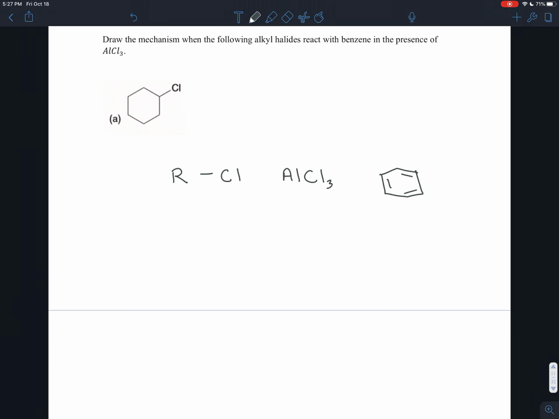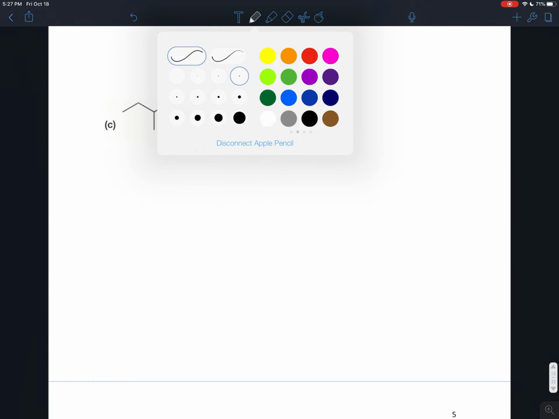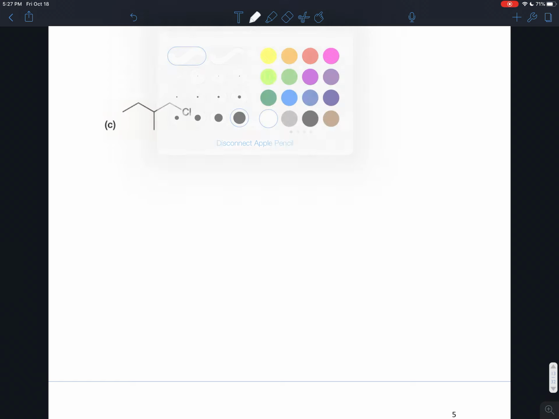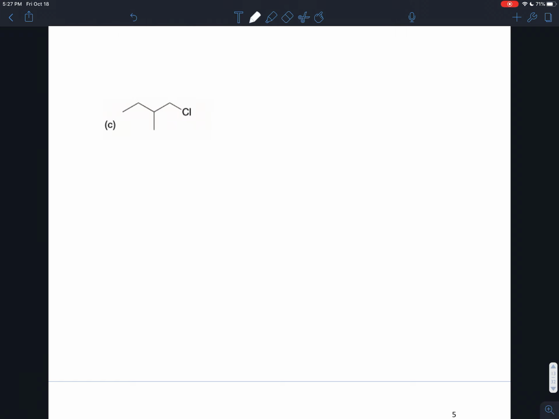Now, we're going to draw this mechanism 3 times. The first time, the R group will be a cyclohexyl group, it's like a cyclohexane ring. The second time, it'll be a tert-butyl group. And the third time, it will be this carbon chain, a sec-butyl group. Well, a little bit longer than that.